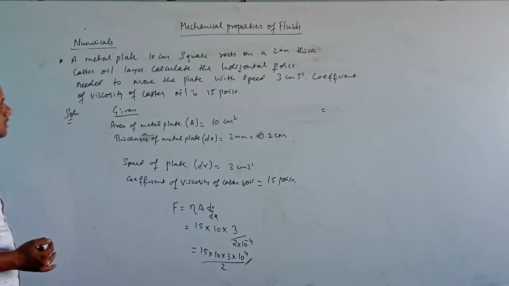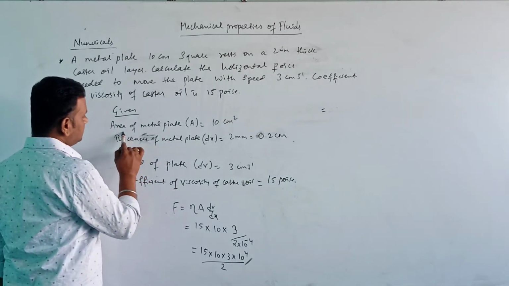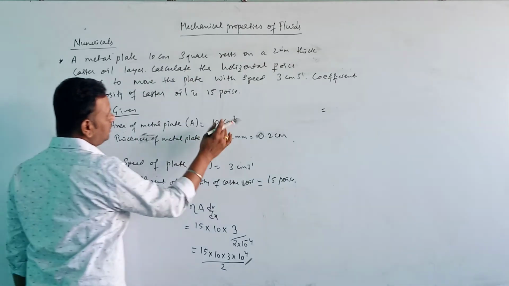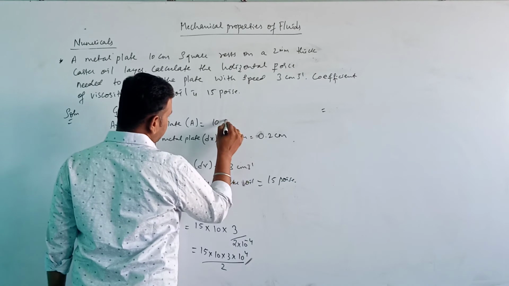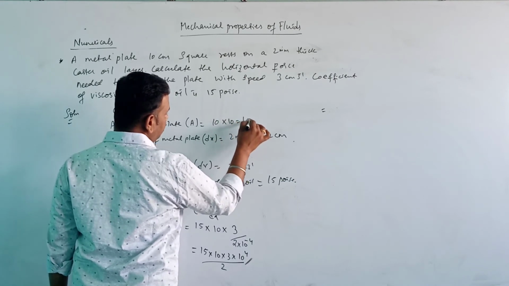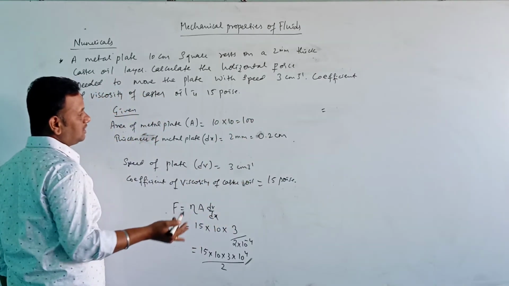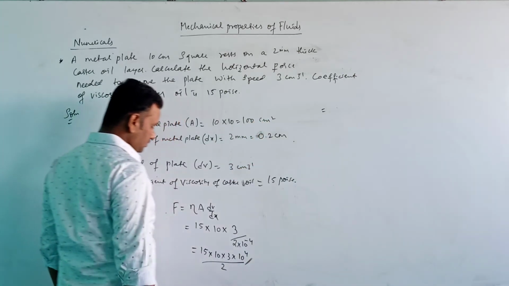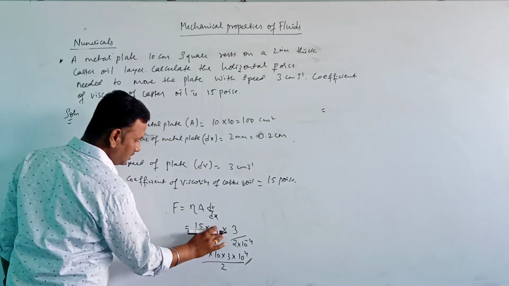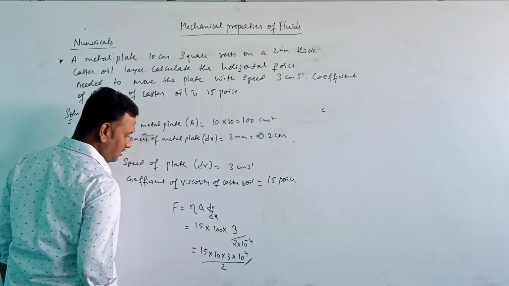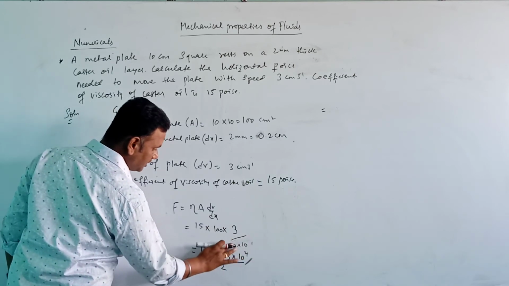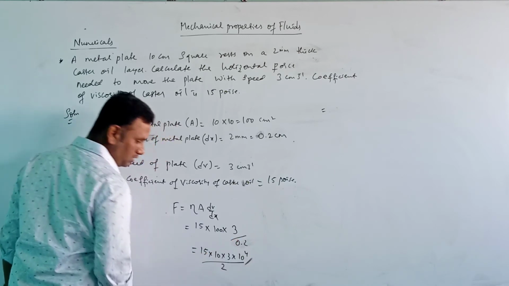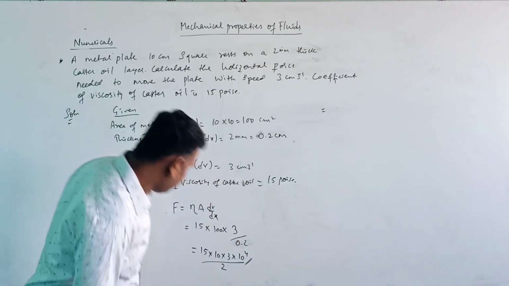As the area of the metal is 10 centimeter square, it means 10 into 10, length into breadth, so it is 100 centimeter square. So area becomes 100, and here we will take 0.2. Some small correction is there.